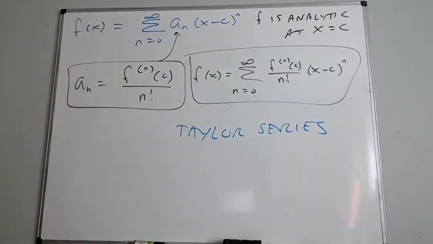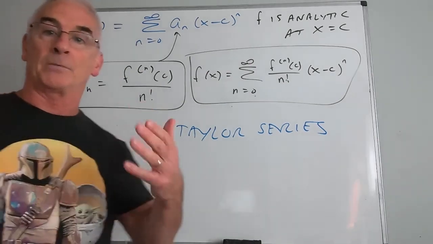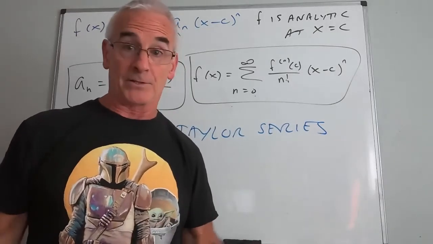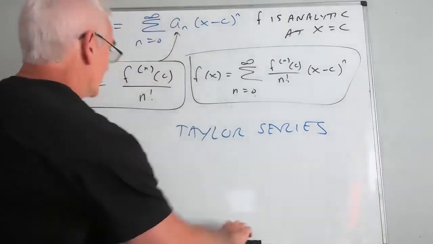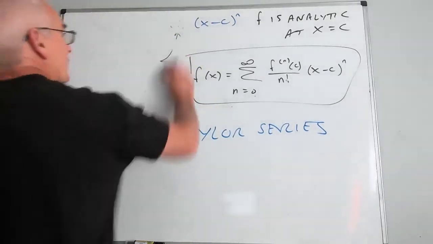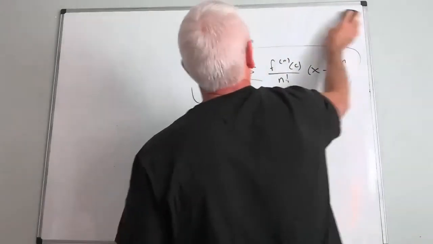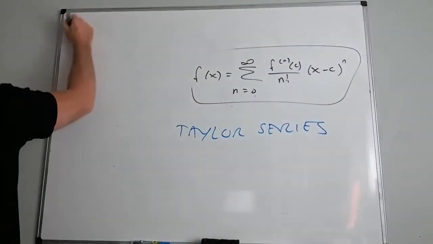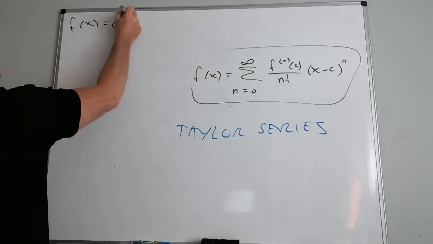And they're kind of important. A Taylor series is not just a power series, it's a power series that was created by taking the derivatives. So let's create a couple of Taylor series. All right, I'm going to start with e to the x because we did that last day. Let's consider f of x equals e to the x.